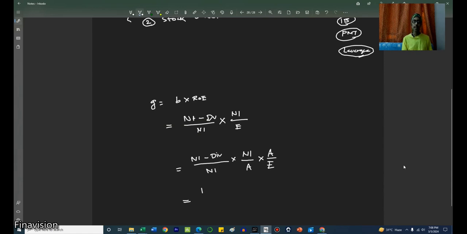This again we can write as net income minus dividends by net income into net income by sales into sales by assets into assets by equity.